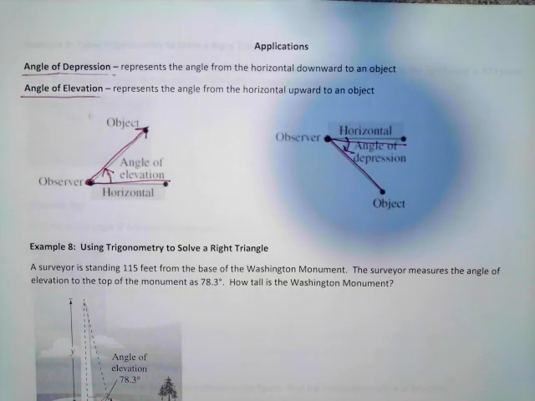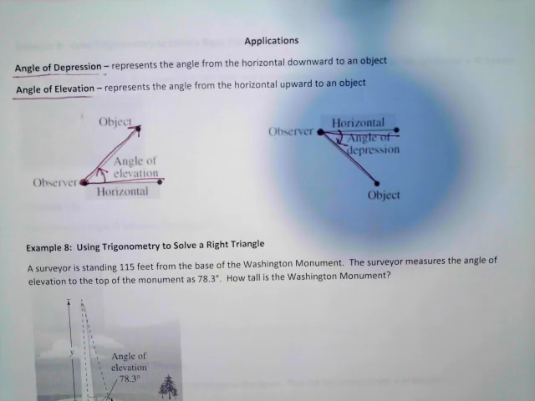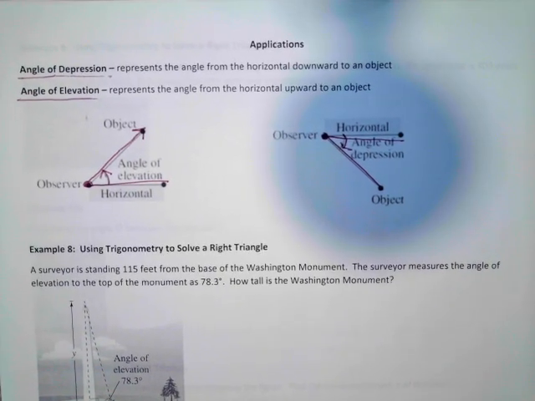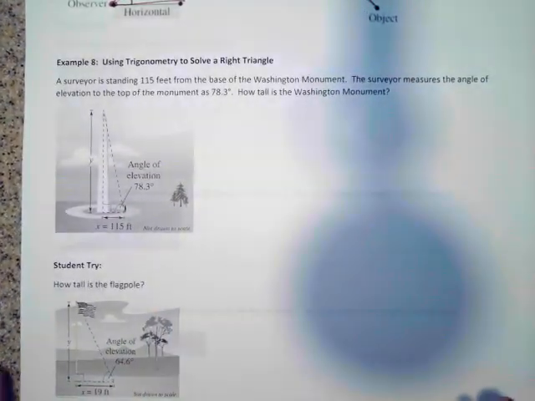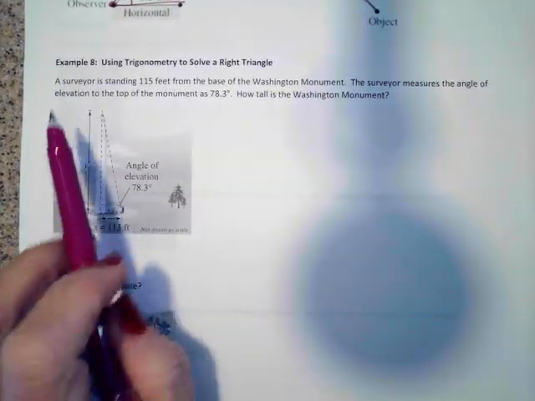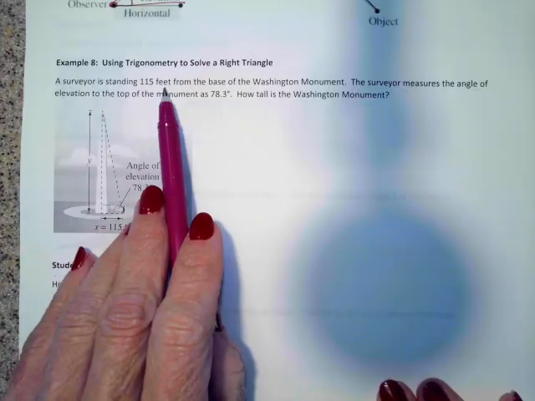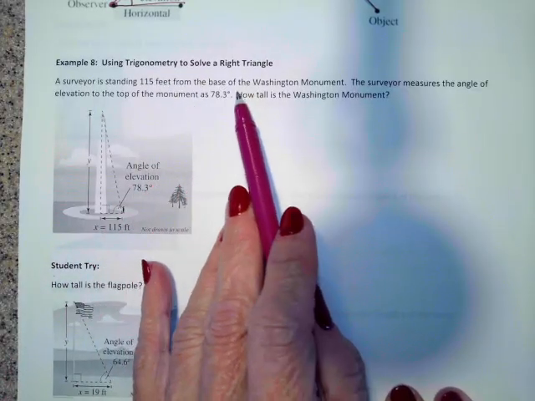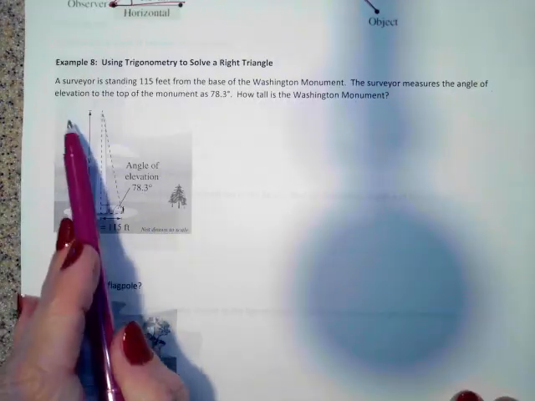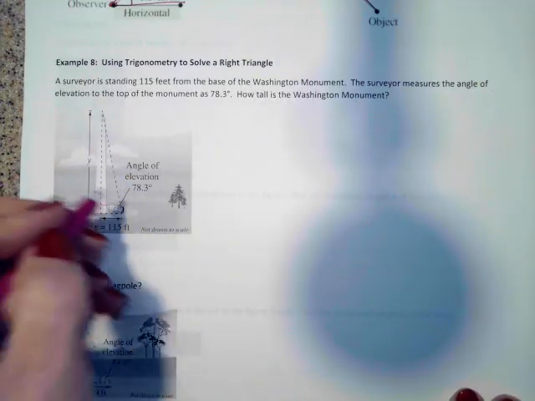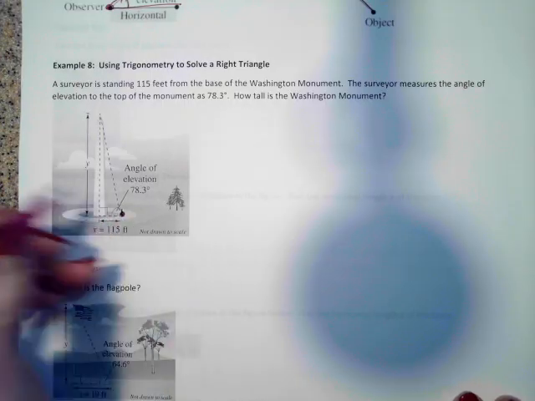Okay, so let's do some examples of right triangle trig. Example 8 from our book. A surveyor is standing 115 feet from the base of the Washington Monument. The surveyor measures the angle of elevation. So here's the surveyor.